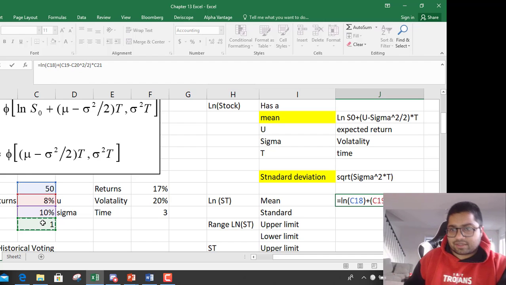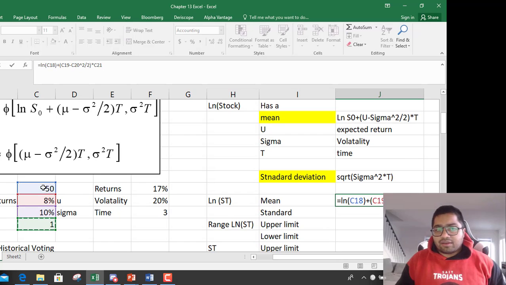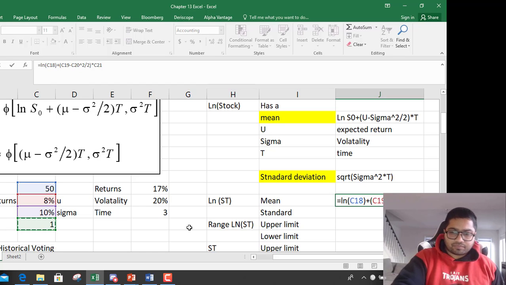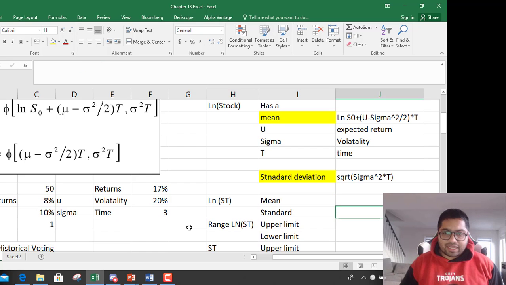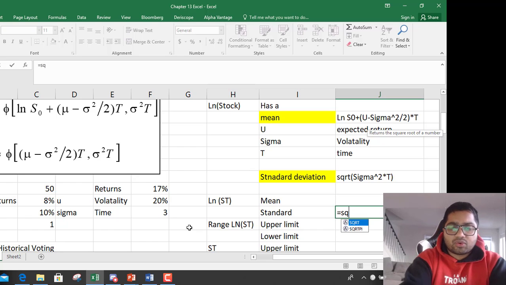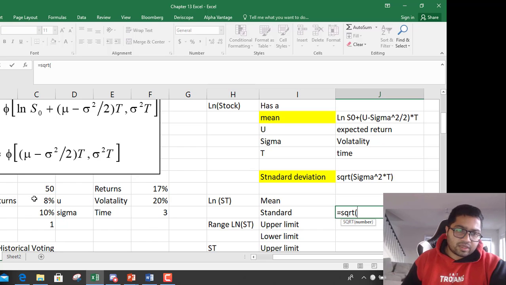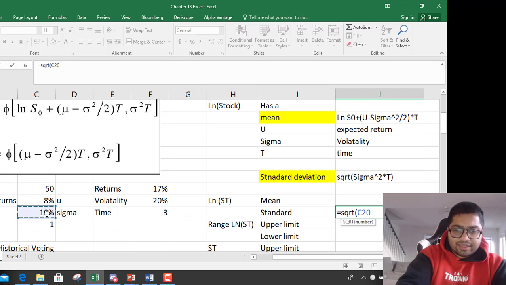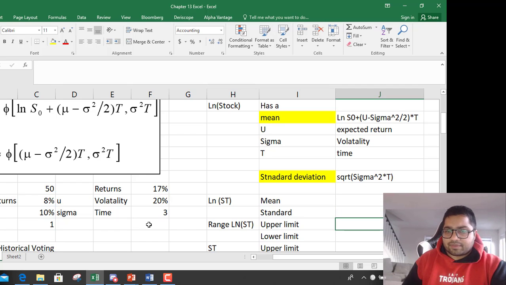T is 1 in this case. So it is log of $50 plus 8% minus 10% to the power 2 divided by 2 times t. So it's 3.99. The standard deviation, if you calculate, will be the square root of volatility squared times t. T is 1, so 0.1.